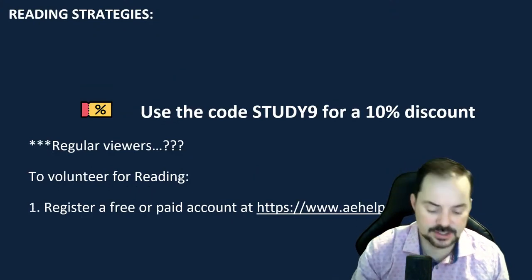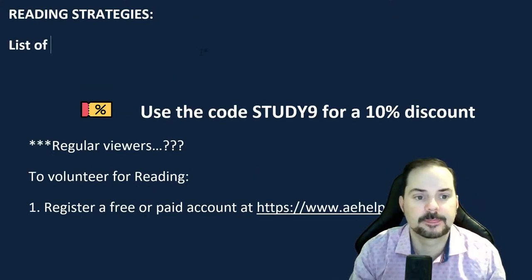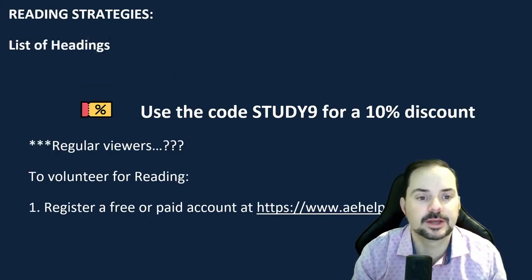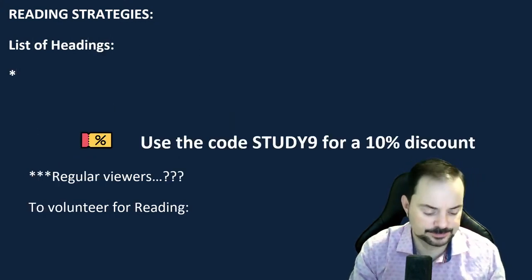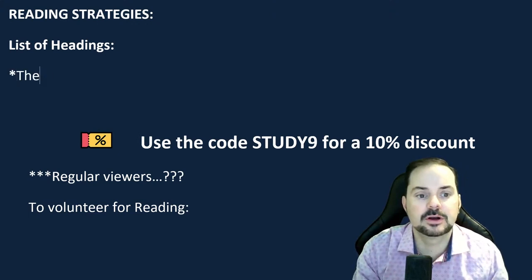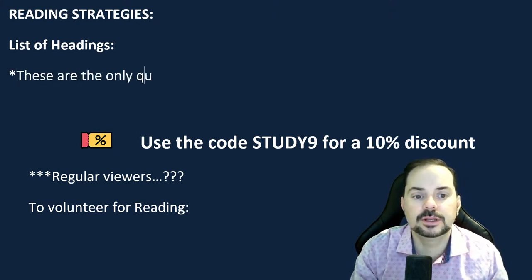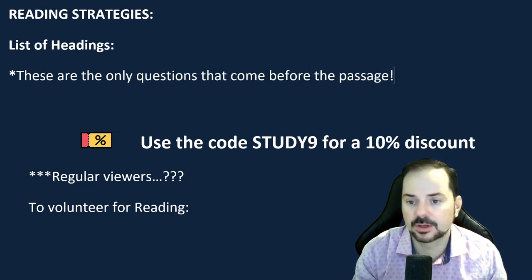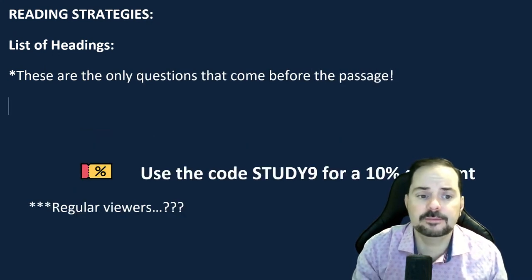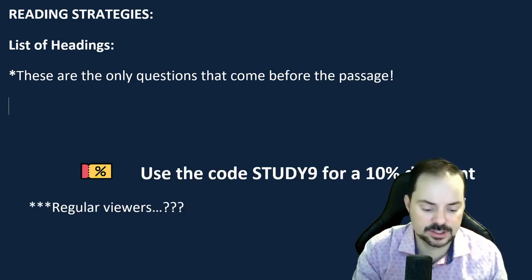So, reading strategies. Let's talk about list of headings. Keep in mind, these are the only questions that come before the passage. These are very helpful when you can answer these well.